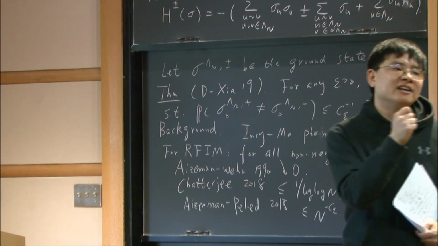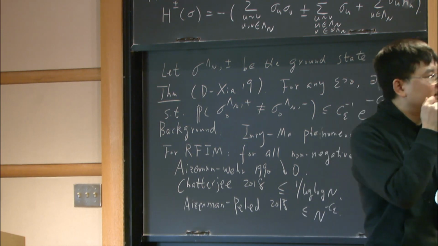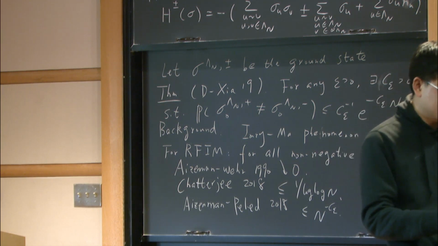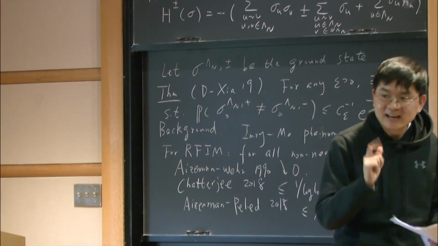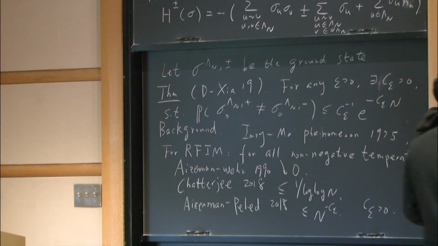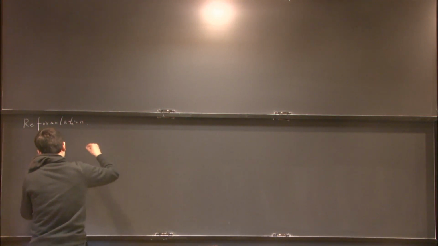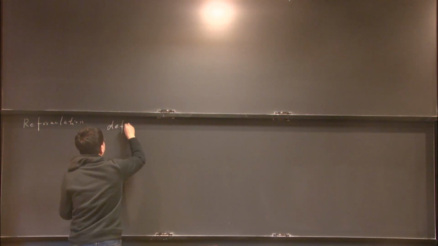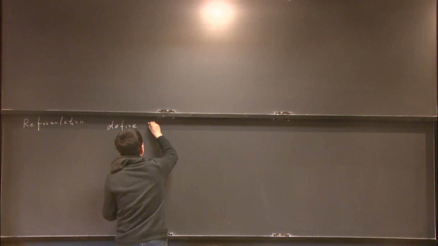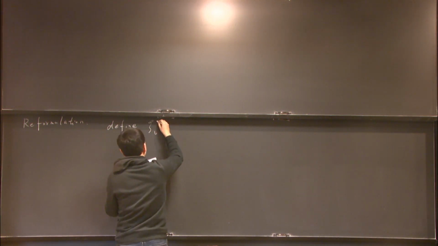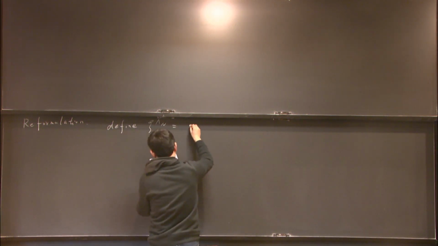You can imagine that... I should have defined something before I said this. Let me define something and then motivate the perturbation analysis. Sorry about that. Let me first reformulate. Let me define C_V as the following.